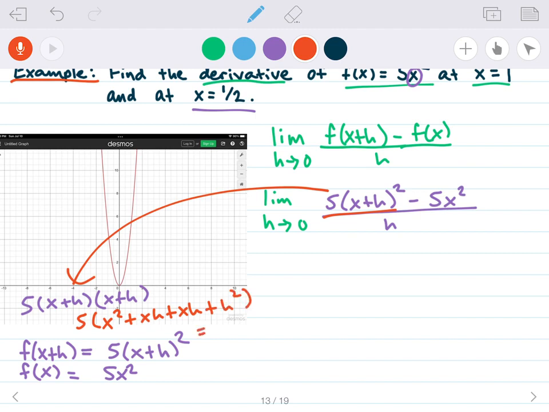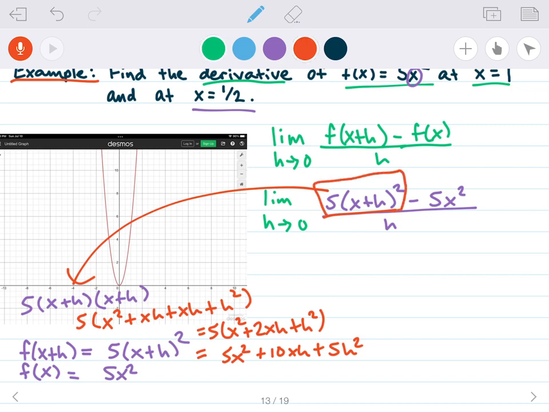Combine like terms to give me 5 times x squared plus 2xh plus h squared, and then I can distribute that 5: 5x squared plus 10xh plus 5h squared. So I can replace what I have in this first little part with what I just found. And then I have this minus 5x squared all over h.